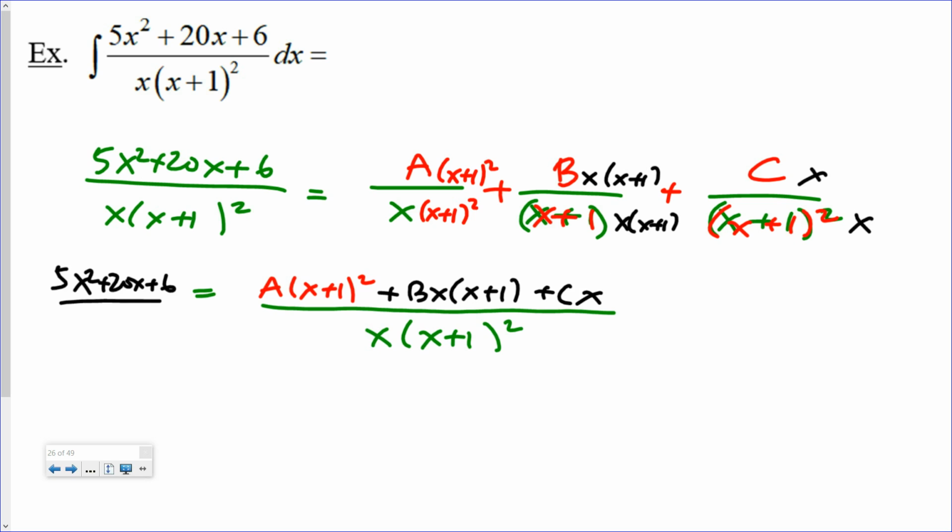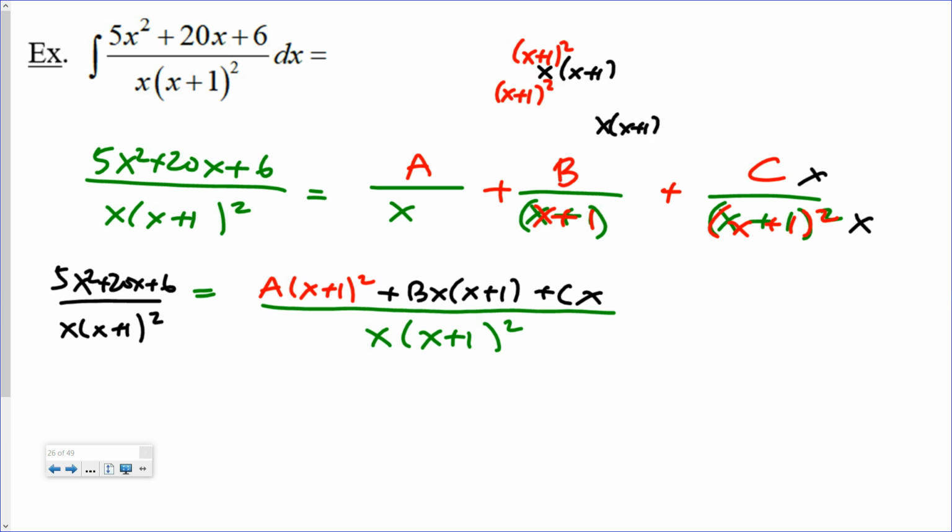Make sure you understand, I have not done any integration so far. All I'm doing is trying to break up this fraction into three different fractions. Okay. I'm also going to take out all these little extra things because I don't need these anymore. Okay, so let me pull these extra things out. So this fraction is going to decompose into three partial fractions, and this is how I'm going to do it.